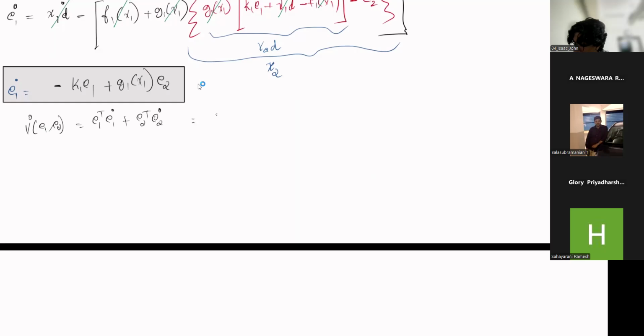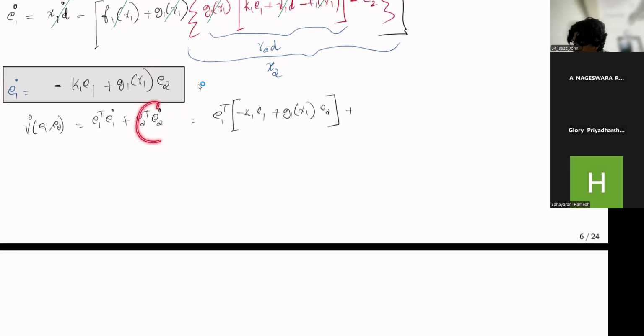So we'll get something like E1 transpose multiplied by minus K1 E1 plus G1 of X1 E2, plus we also have this term as well, E2 transpose E2 dot.